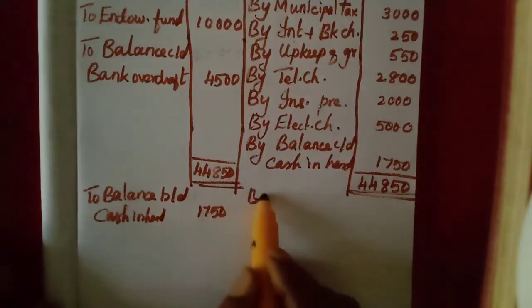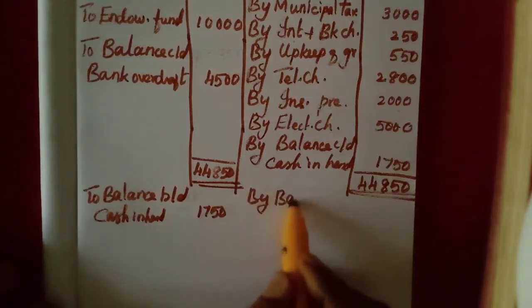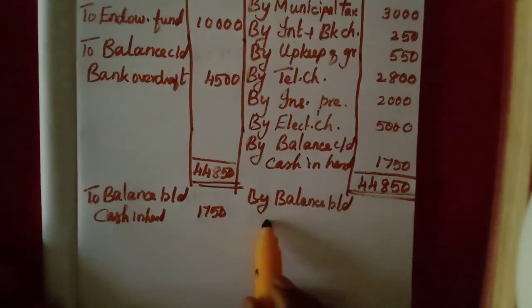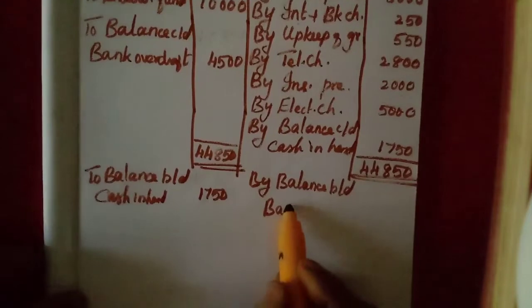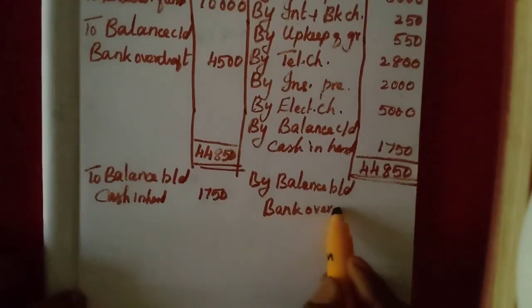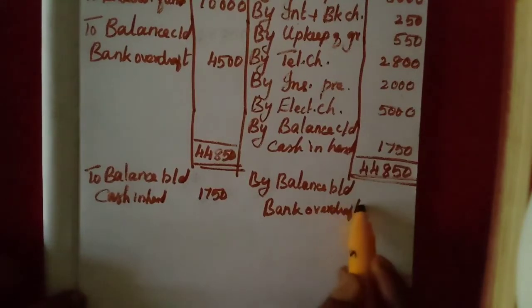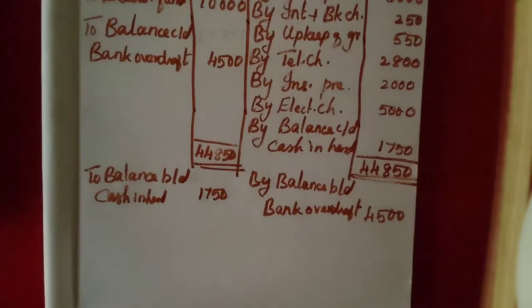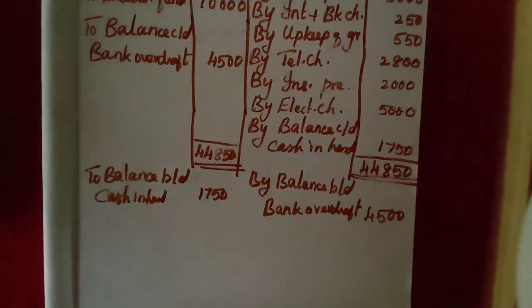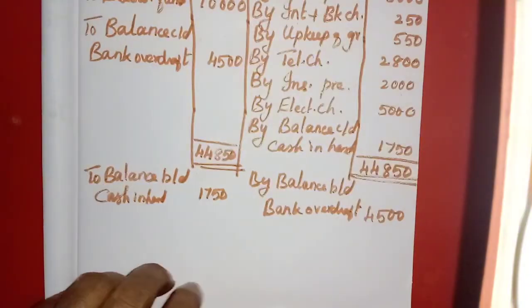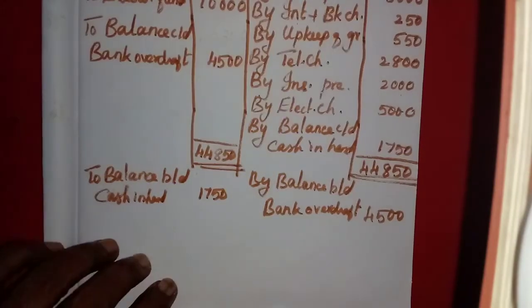Here, by balance brought down, bank overdraft, $4,500. Now we have completed the receipts and payments account.